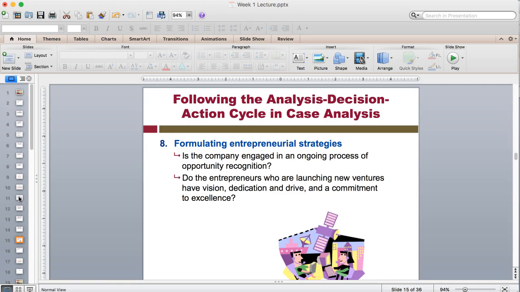I tend to also think about entrepreneurial strategies applying to all of those functions in the value chain that we'll get to in a few weeks. But do we have a company that's creative, reinvents itself over time, and has the ability to bring new products to market and create new ventures?